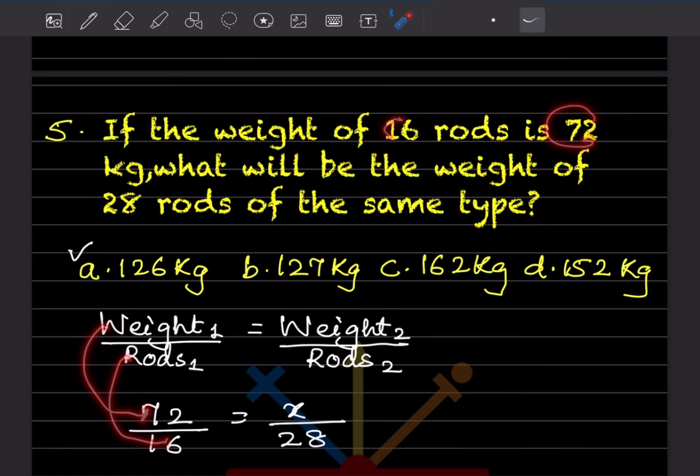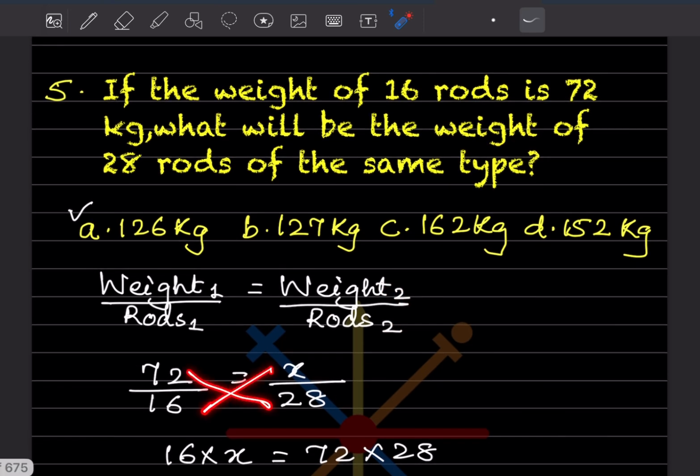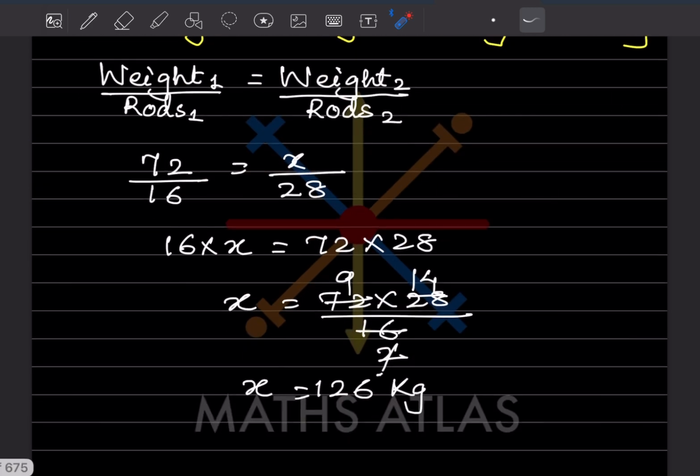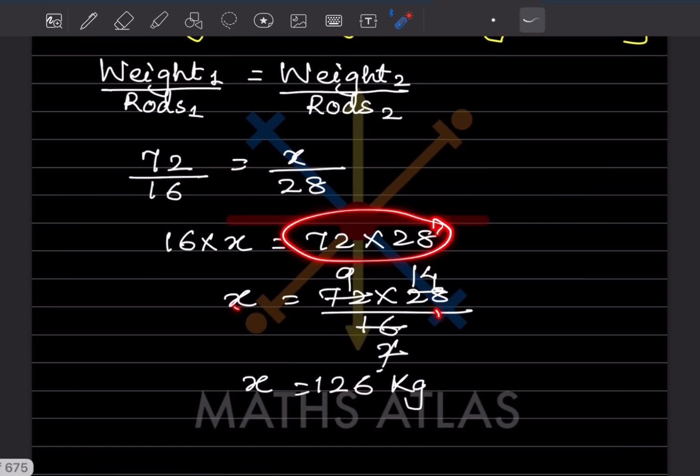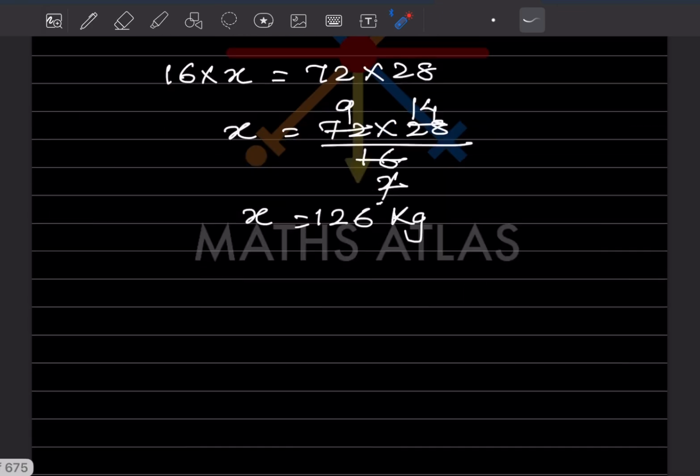We don't know weight 2, and the rods are 28. Again we cross multiply. 16 into x will be 72 into 28, so x is 72 into 28 divided by 16. After simplifying, we get 126 kilograms. So this is the correct option.